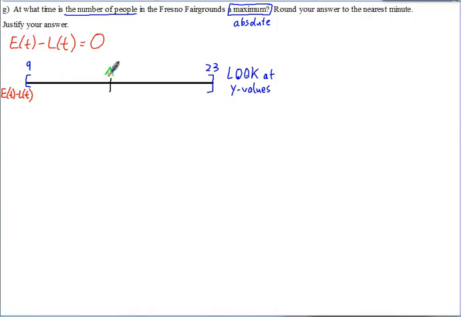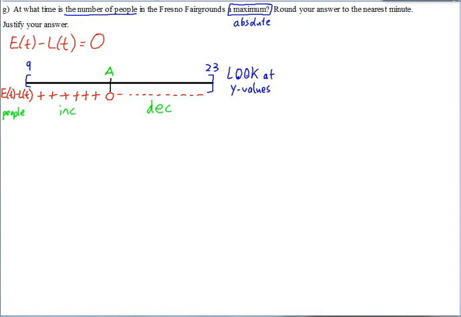We don't know where it is yet, but we can see the derivative is positive until we get to A, where it is 0, and then it's negative the rest of the way. So this shows us the number of people at the fair. Since the derivative of the number of people is positive, it would be increasing until we get to A, and then after A, it would be decreasing.